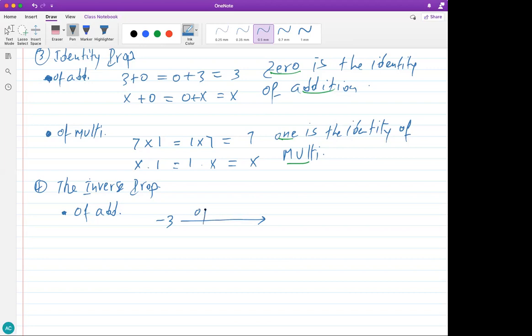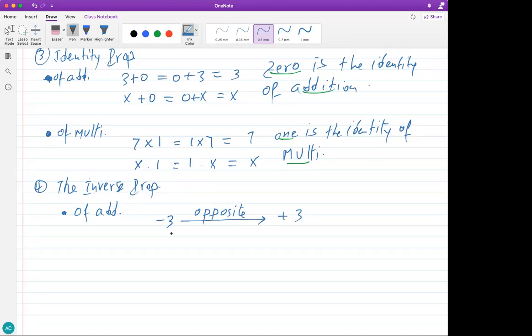Take a number and then what is the opposite of -3 again? Everybody, what would the opposite of -3 be on the number line like we saw in the previous lecture? This is not a difficult question. What is the opposite of -3? +3. Right? Any number on the number line has an opposite to the other side of 0.